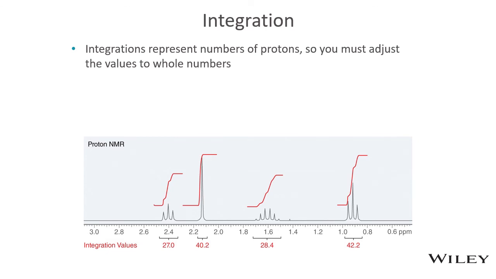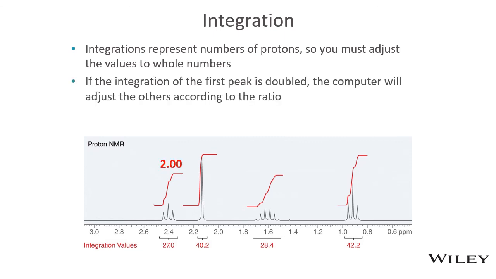Now, since you cannot have 1.5 hydrogens, we have to adjust the integrations so that the number of hydrogens represent whole numbers. So what we're going to do is take the numbers that we just saw in the previous slide and we're going to multiply them by 2. So now we have a ratio of 2 hydrogens, 3 hydrogens, we can go ahead and round up to a whole number, 2 hydrogens, we'll round down, and 3 hydrogens, rounding down.